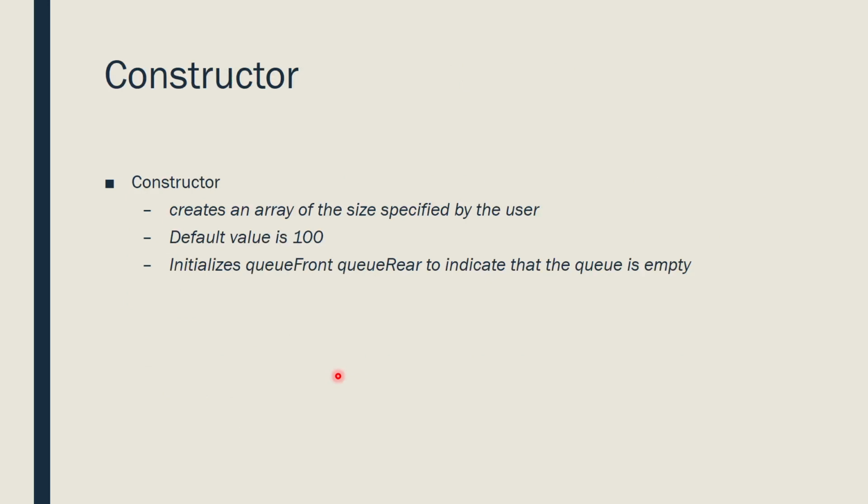Now we need to create constructors to initialize our queue. For creating an array, we need to initialize it using the constructor, and the default value is 100. Using the constructor will initialize queue front and queue rear to indicate that the queue is empty.